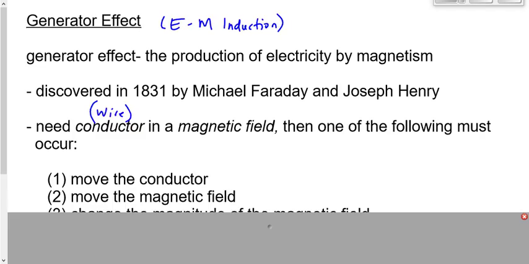You guys now know how just about every bit of electricity that comes to our houses is generated: by the generator effect, or by electromagnetic induction. In Ontario, they use a lot of hydroelectric power. They dam rivers, and these rivers become big lakes, and they go really, really high. They have a lot of gravitational potential energy.